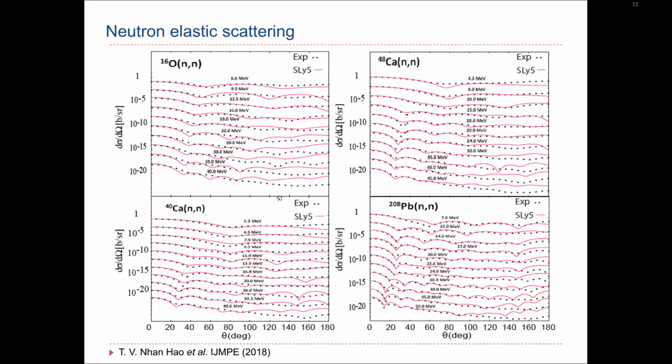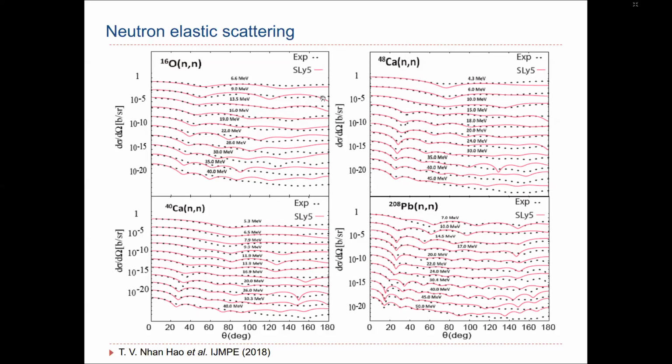The reason, I think, is that our approach has many limitations. For example, in the RPA calculation, we have only one particle, one hole. That's one possible problem, and there are many problems that I don't know.